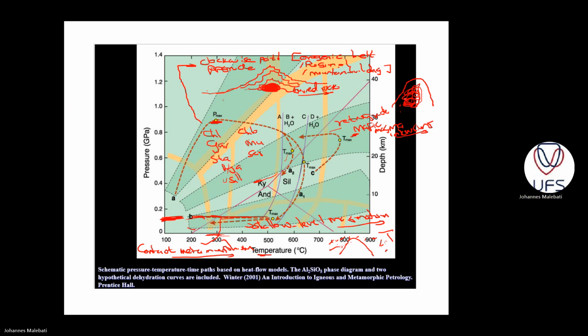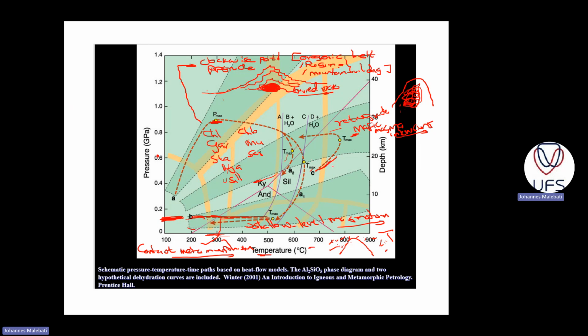So this intrusion raises the pressure and temperature together, which is why this path slopes upward to the right, because the pressure is increasing and also the temperature is increasing.